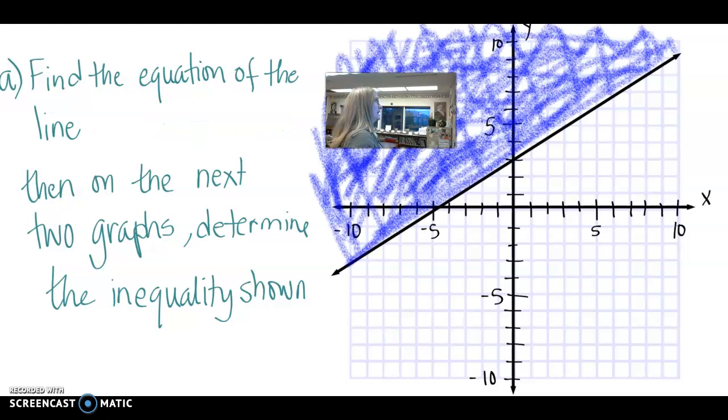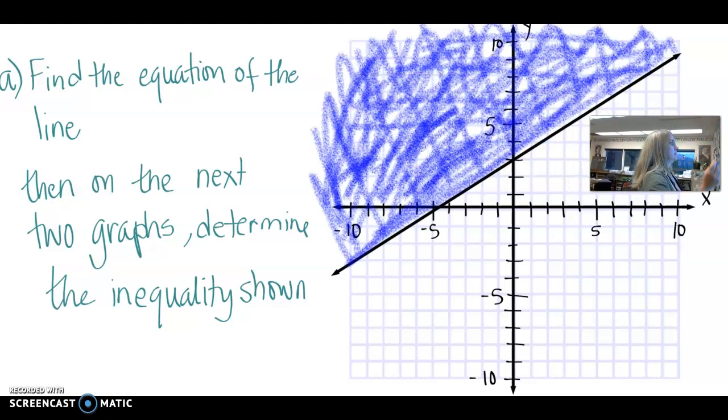Now we're going to go ahead and figure out what the inequality is that's shown in this graph right here. So we know our line is y, and then I'm going to have an inequality symbol, and I don't know yet which way this inequality symbol is going to go, but I do know it's going to be either greater than or equal to or less than or equal to.